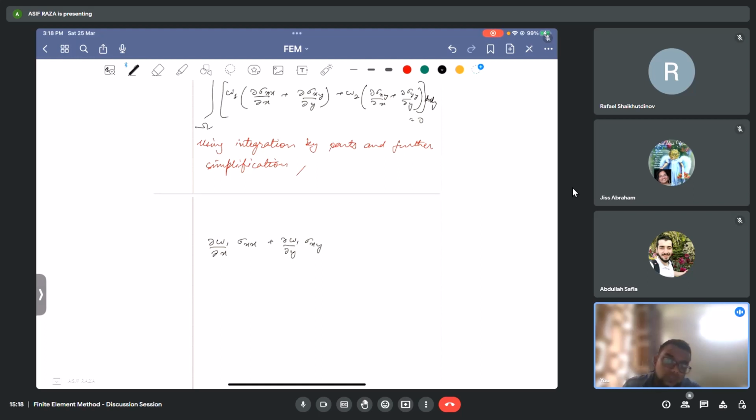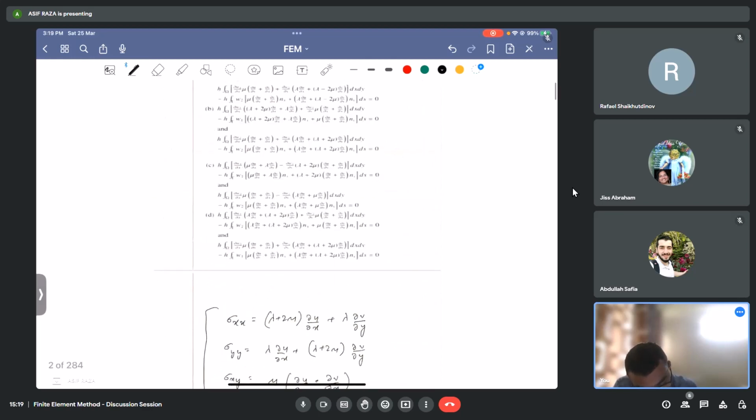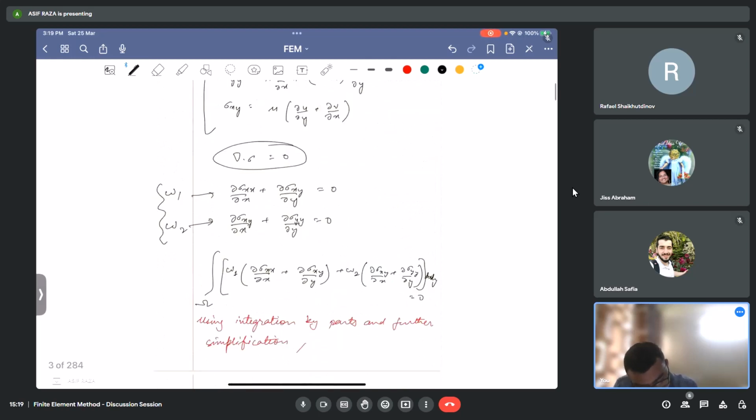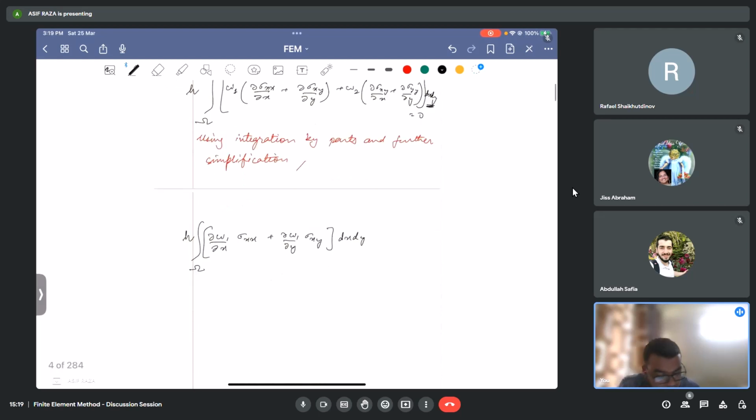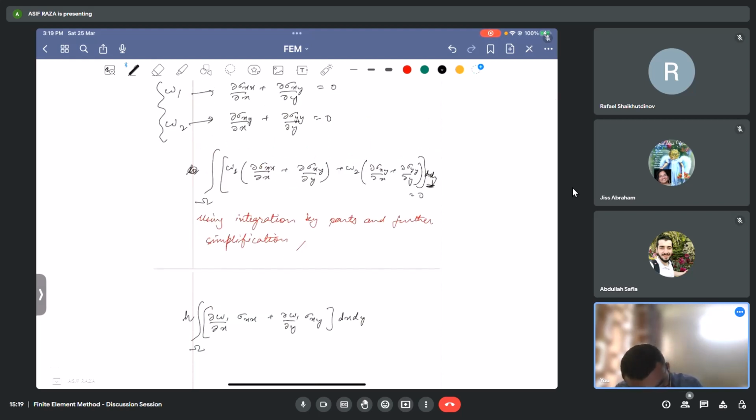Yes, this is it, and xy, this is in the domain, dx dy. Right. It is multiplied throughout because dx dy is there, so it's a volumetric integral. Okay, I made a mistake here. dx dy, it's a volumetric integral.